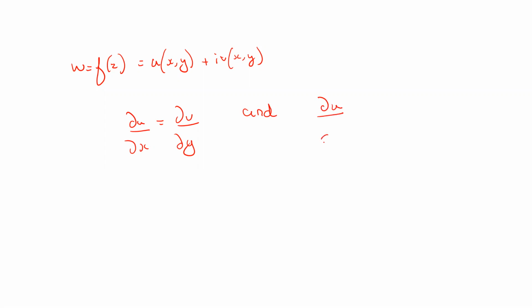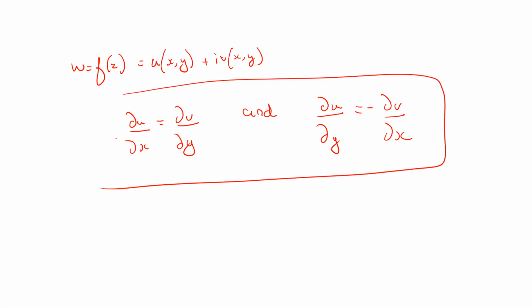This is the CR equation, the set of two equations, so boxed out. This is the Cauchy Riemann equations.